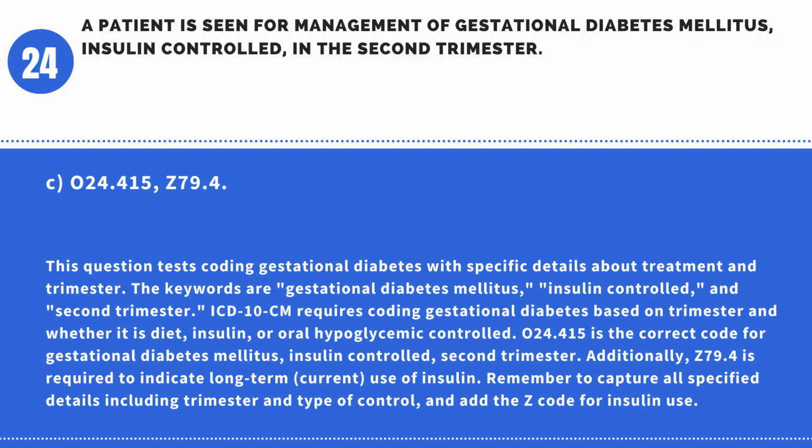O24.415 is the correct code for gestational diabetes mellitus, insulin-controlled, second trimester. Additionally, Z79.4 is required to indicate long-term, current, use of insulin. Remember to capture all specified details including trimester and type of control, and add the Z code for insulin use.